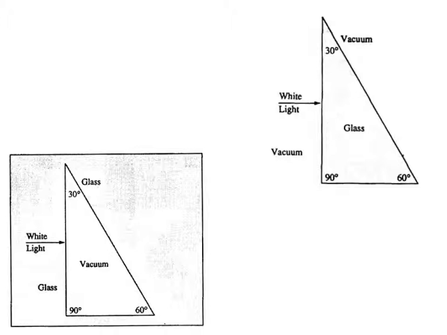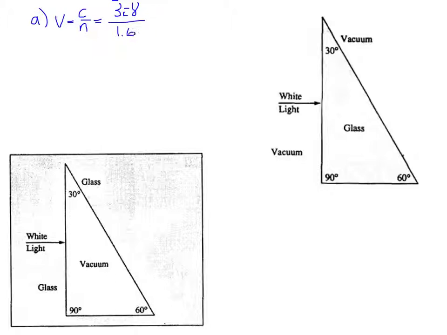So for part A, determine the speed of the blue light in the glass. You have an equation for the index of refraction, which is n is equal to c over v. If you rearrange that equation for v, you get v is equal to c over n, where c is the speed of light, 3 times 10 to the 8th, divided by the n, which for the blue light was given as 1.6.